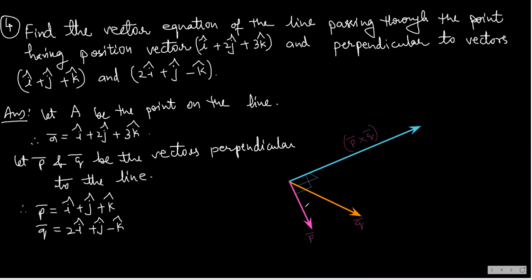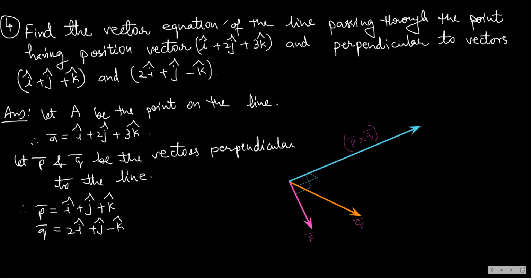So here, I am given two vectors P bar and Q bar, and I will find out the cross product. P bar cross Q bar will be perpendicular to vector P bar and vector Q bar.